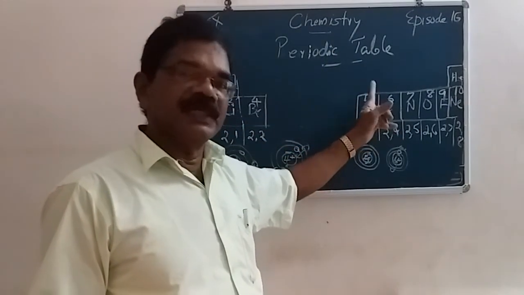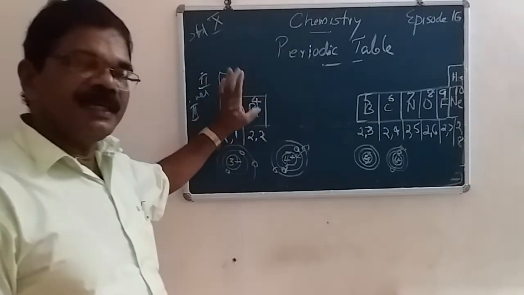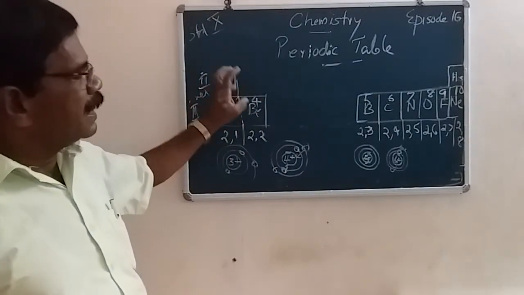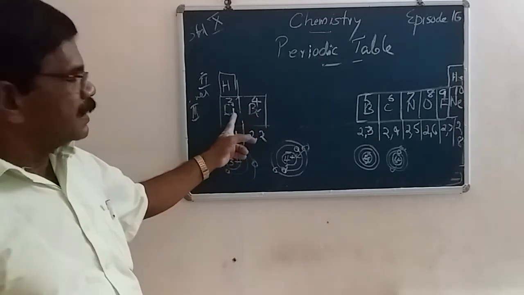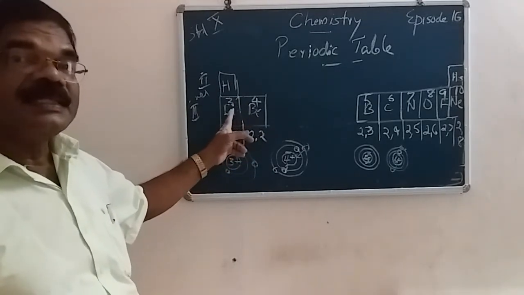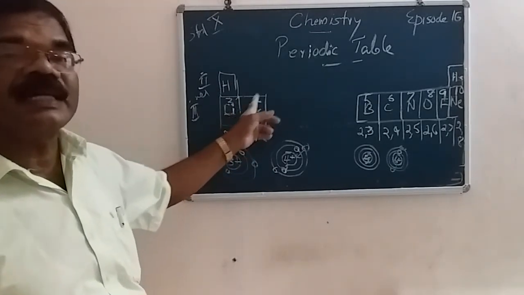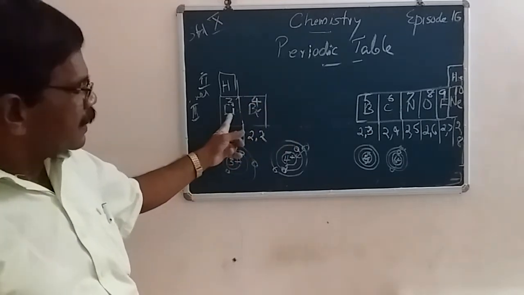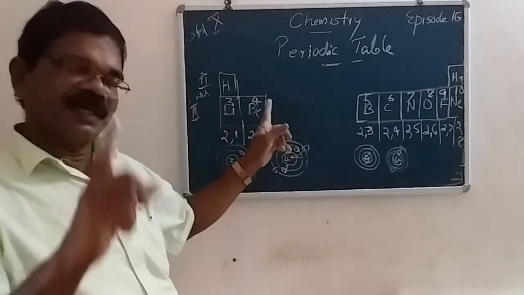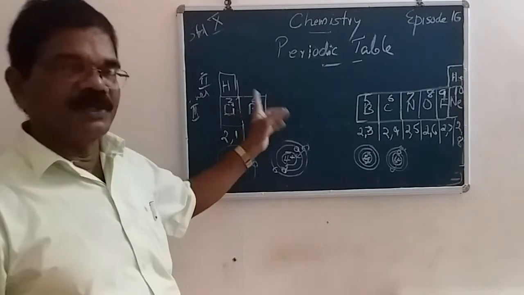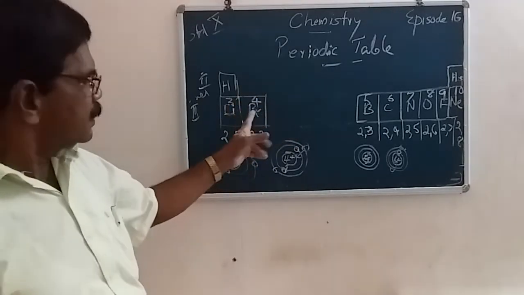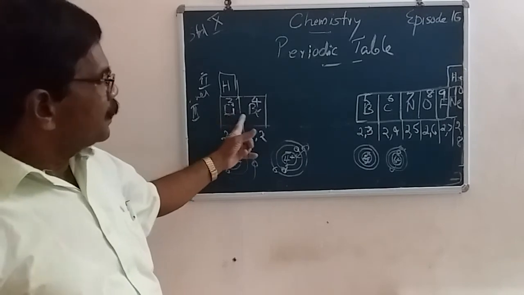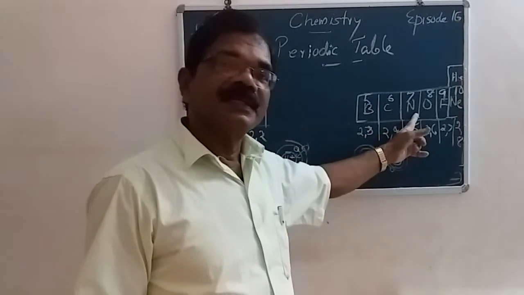But where does the change occur? Though all of them have 2 shells, the atomic nuclear charge increases. We have taken the second period as a model, as an example. In all the periods the same change occurs. In the second period, the nuclear charge increases.